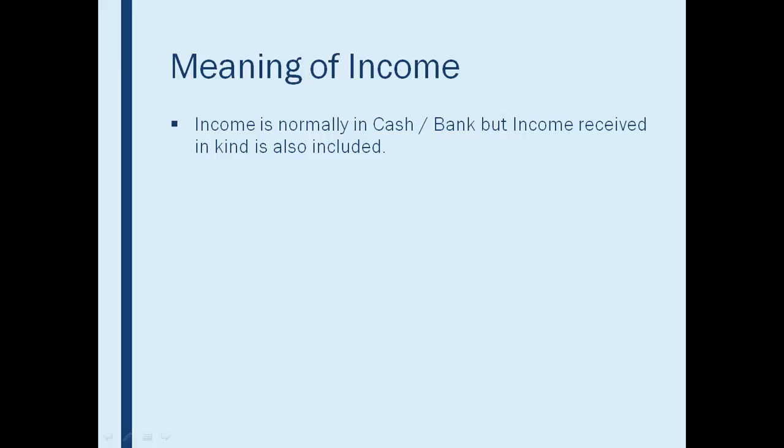But even if you have received income in kind, that is also included. For example, if your employer provides you a rent-free house, partly he is paying you in salary and partly he is giving you a rent-free house. So how does this work? The Income Tax Act says that whether you are paid in cash or in kind, after all it is income, so we need to include that.